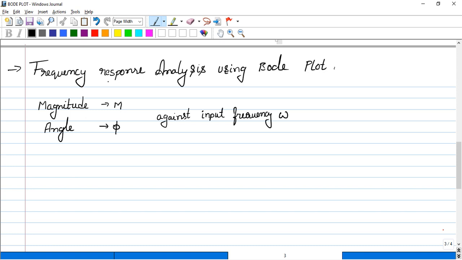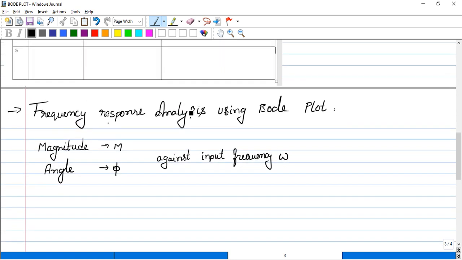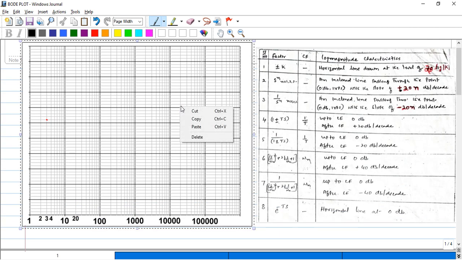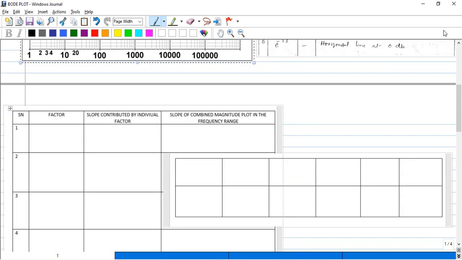One key difference here is that we are using a semi-log graph. In simple terms, the semi-log graph, let me show you. Let me drag the same.